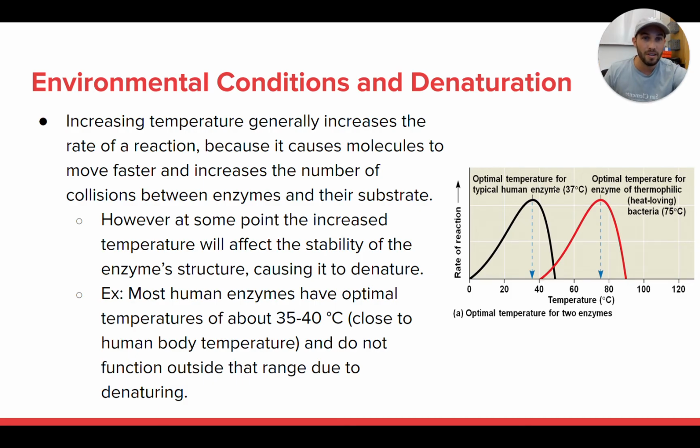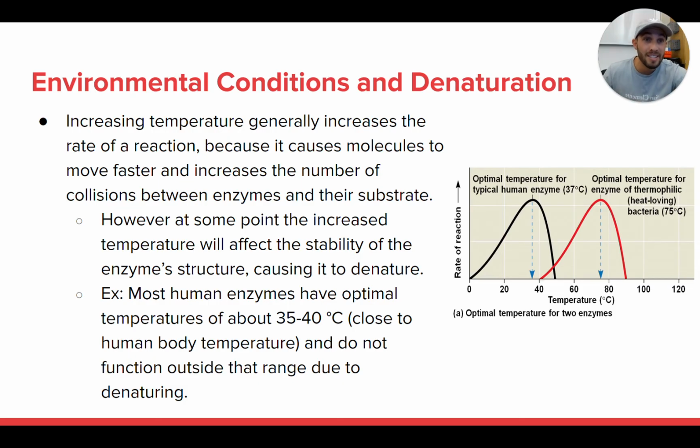Most of your enzymes in your body function most efficiently there. That's where the protein, the enzyme, is folding correctly. Now, if it's too cold or too hot, if you move beyond that temperature, you're going to see a decline in the rate of the reaction. The reaction is going to go a lot slower when it's colder or warmer than that, and that's because of the enzyme structure, again, getting messed up.